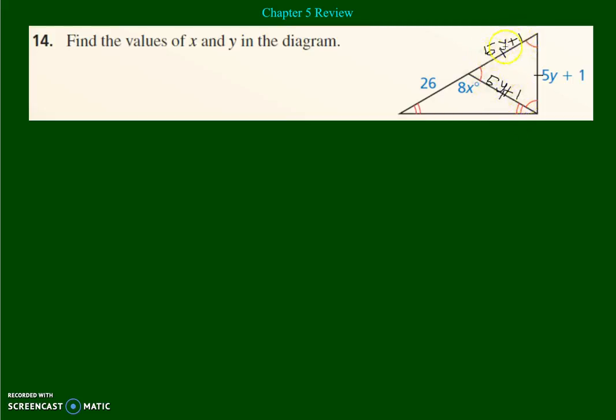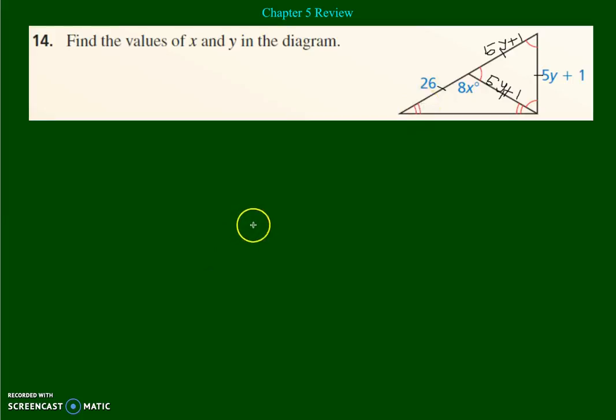So 5y plus 1, 5y plus 1. Now, let's look at this triangle. We can see that this triangle has two angles that are congruent, which means that this side and this side must also be congruent. So this side has to be 26, since this side is 26.